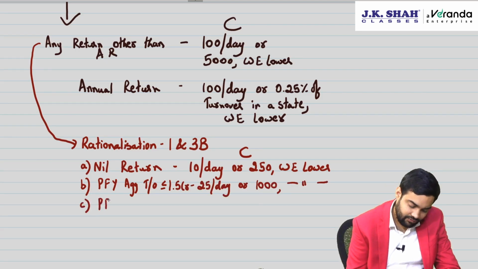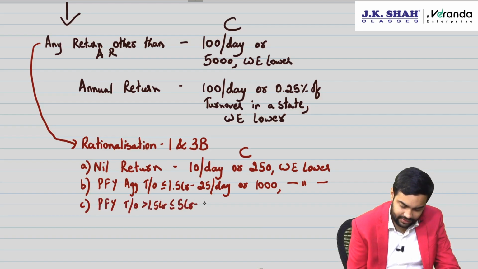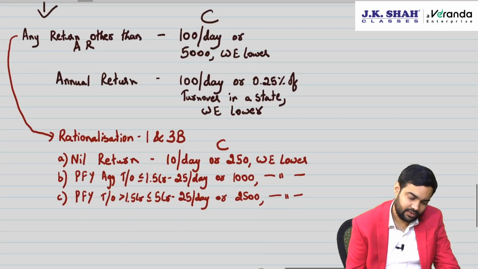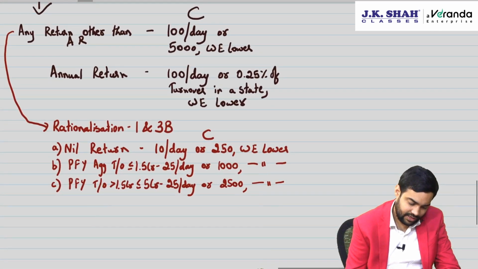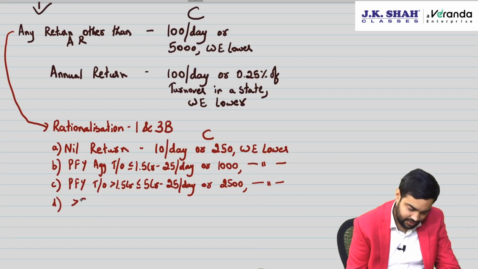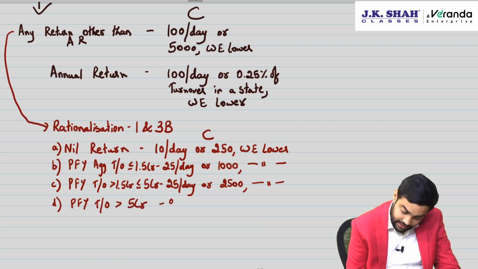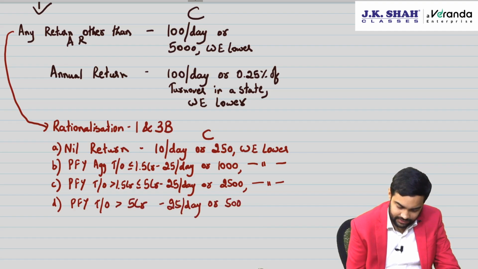What about PFY turnover more than 1.5 crore but up to 5 crore, then in that case, 25 rupees per day or 2500, again the law says whichever is lower. And then we have more than 5 crore. If PFY turnover was more than 5 crore, then again it is 25 rupees per day or 5,000 rupees, whichever is lower.